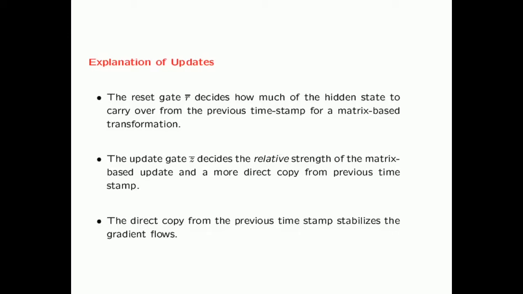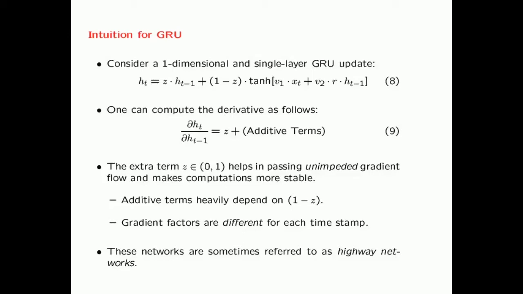In order to understand how it stabilizes the gradient flows, let's look at a one-dimensional single layer GRU update. Note that we also had discussed a one-dimensional single layer LSTM update. Here we are going to discuss the same for a GRU. In this case, the hidden state at timestamp t, h_t, is given by z multiplied by h_(t-1) plus (1 minus z) given by this expression over here.